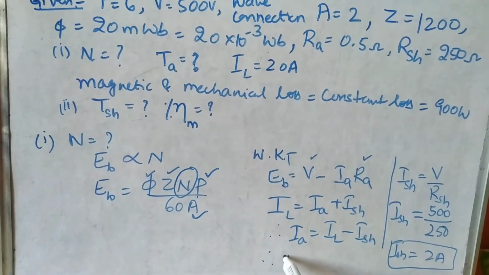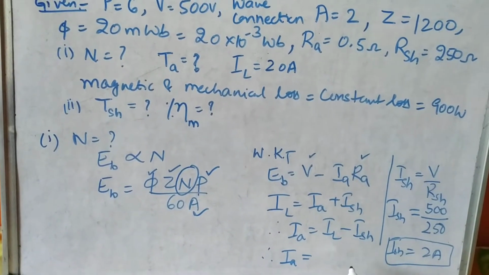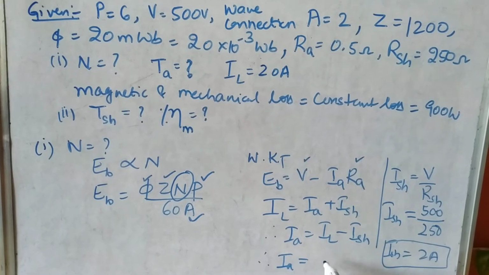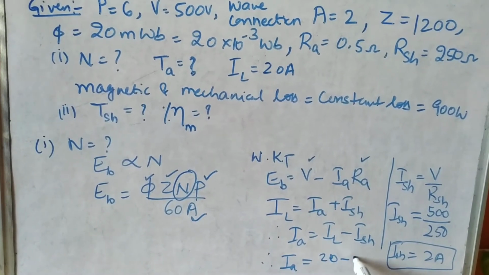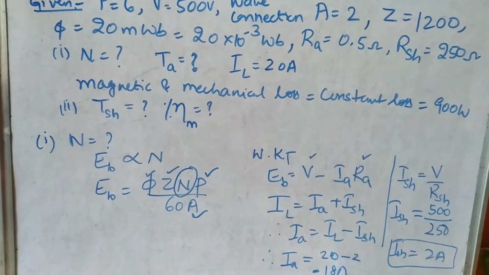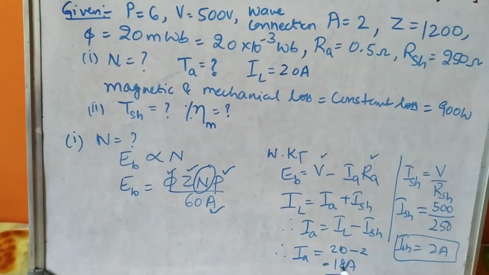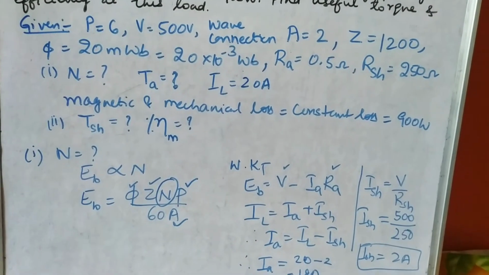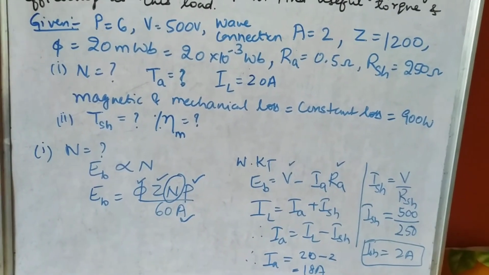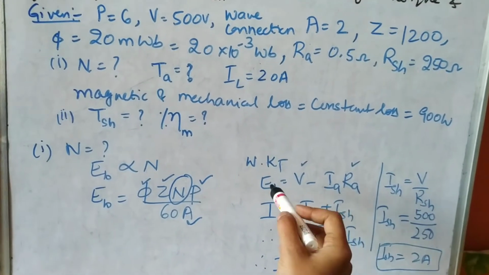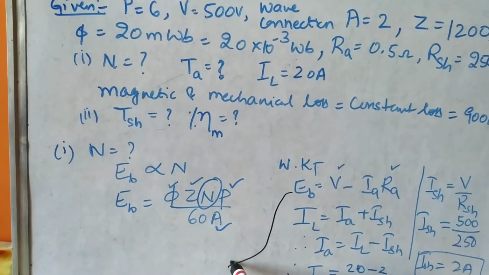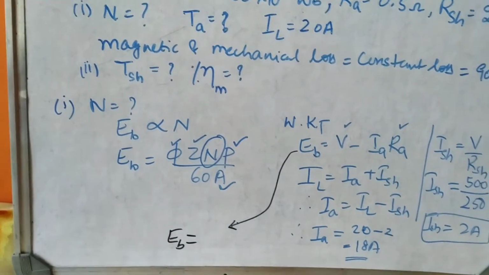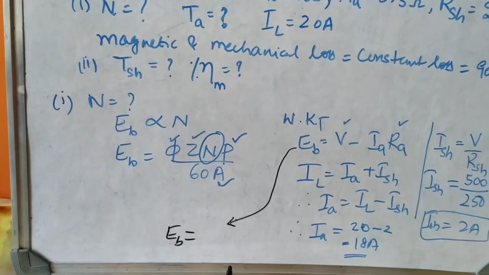Therefore, the IA value will become IL minus ISH, which is 20 minus 2, so we get IA as 18 amperes. Now substitute the values in the voltage equation to solve for EB.